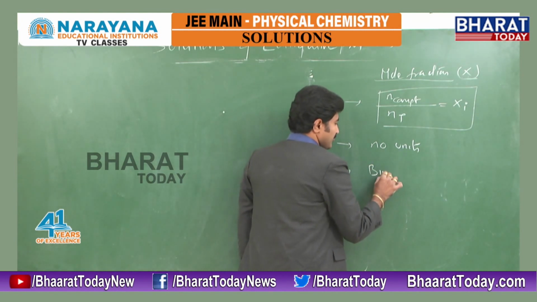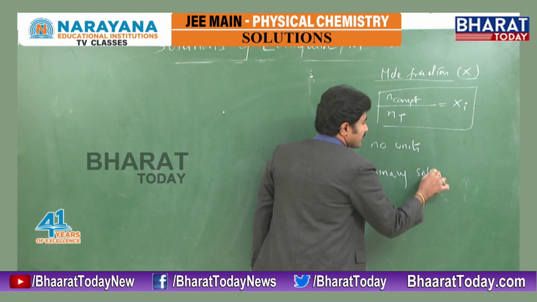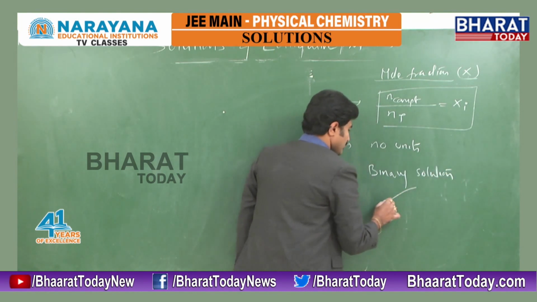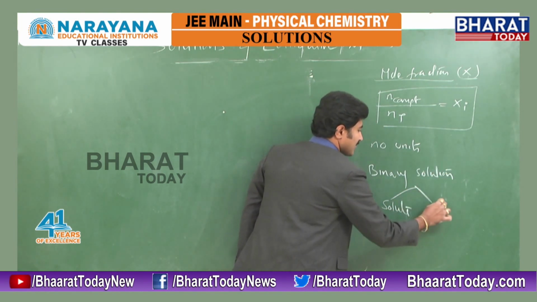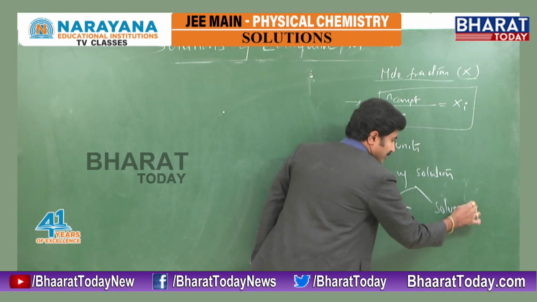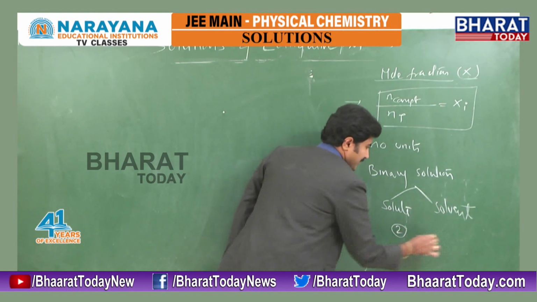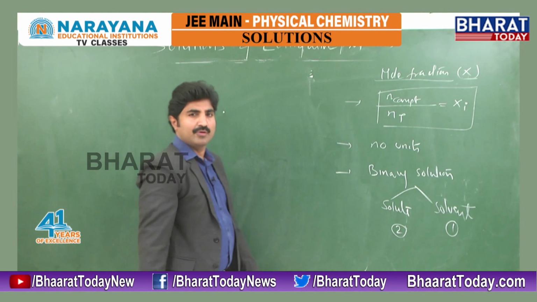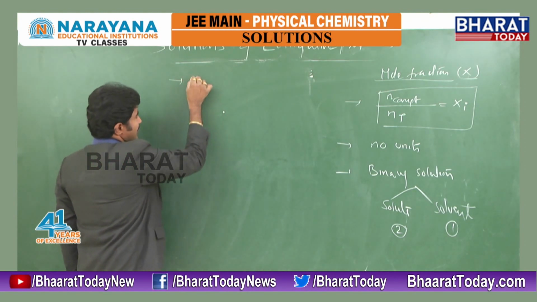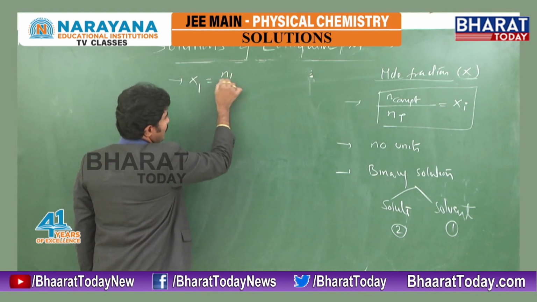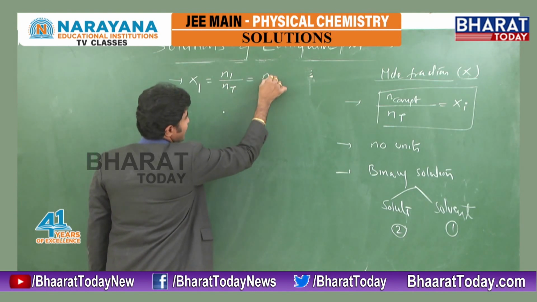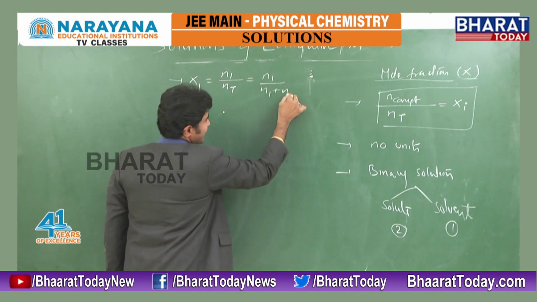In a binary solution, there are two components, solute as well as solvent. For every component, we can express the mole fraction. What is the mole fraction of solvent? Moles by total moles, that is N1 by N1 plus N2.